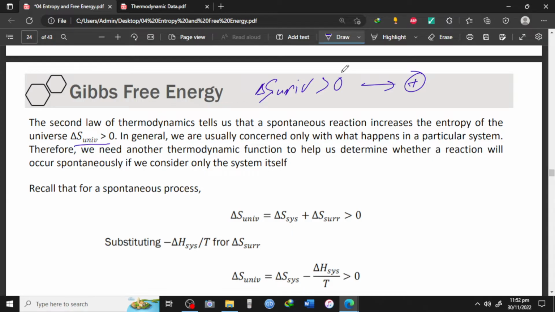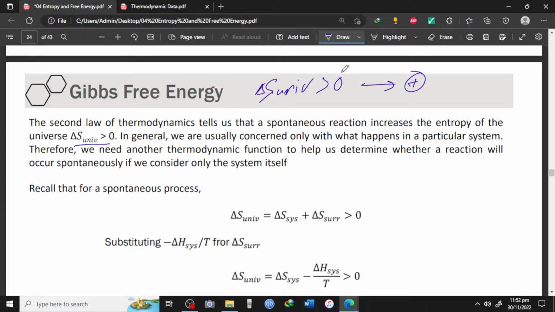Okay? So, ulitin lang natin, no? Emphasize natin. Kaya nag-introduce ng new term yung mga scientists natin. Kasi sabi nila, mahirap mag-calculate ng delta S universe. Kasi we're looking at both the delta S system and the delta S of the surroundings.